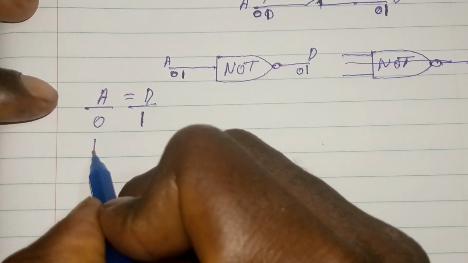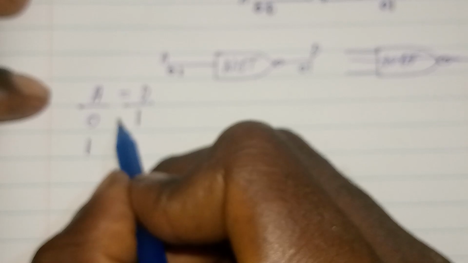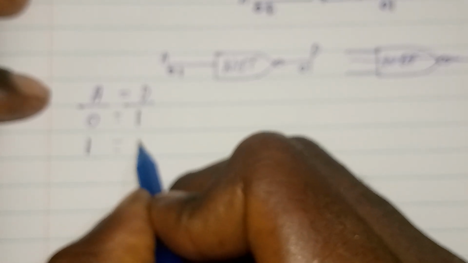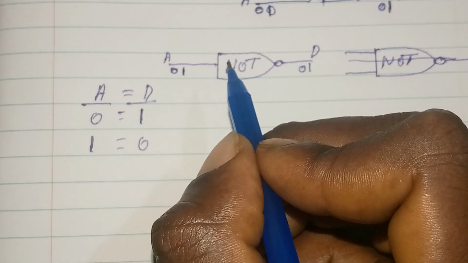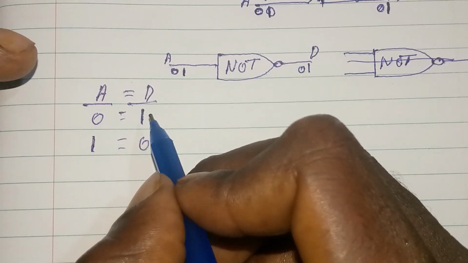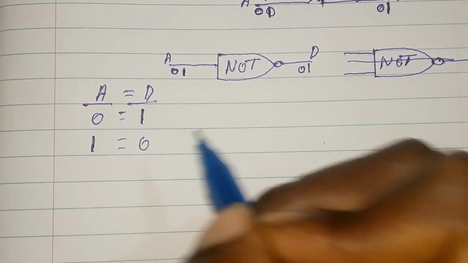If A is 1, then the output is going to be off. So that is exactly how the NOT gate operates, and that is how the truth table looks like.